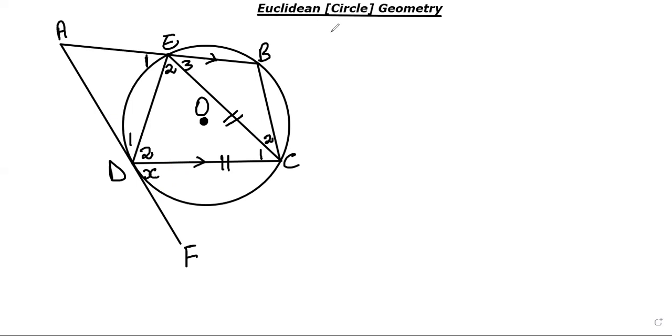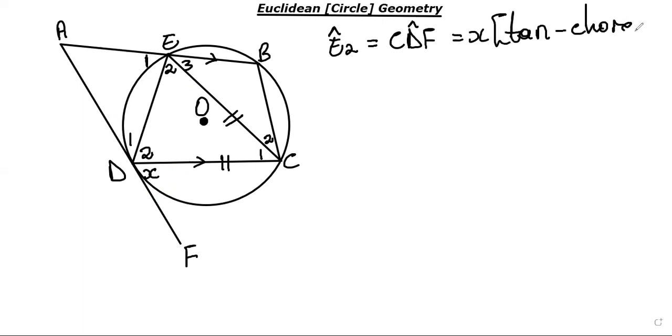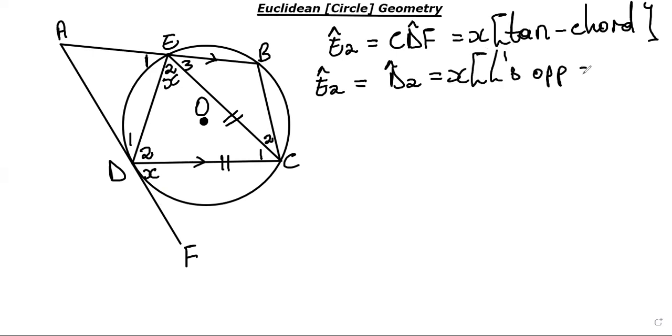So we can begin by saying angle E2 is equal to angle CDF, which is equal to X because of the tan-chord theorem. So we come to the diagram, we label it as such. Awesome. And then we say, well, angle E2 is actually equal to angle D2 because they are angles opposite equal sides.